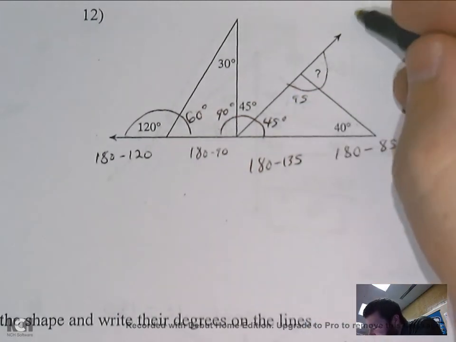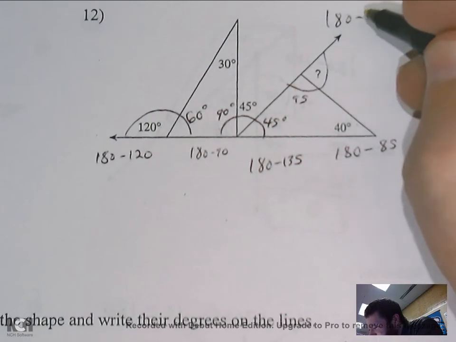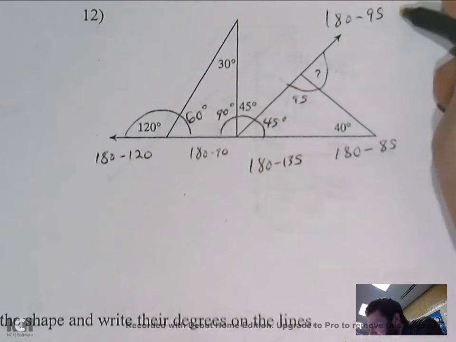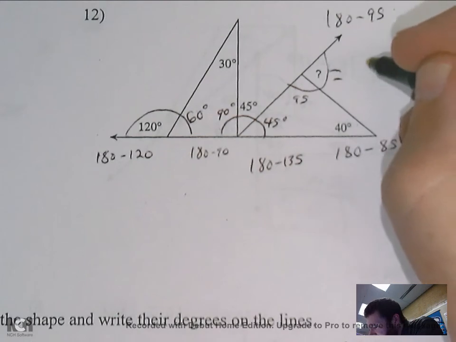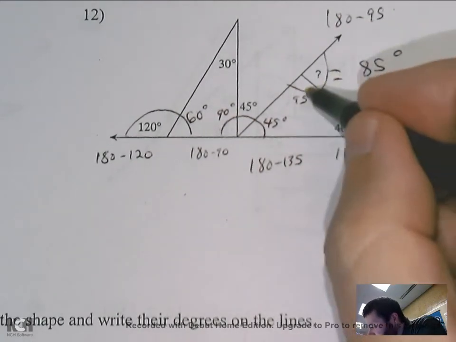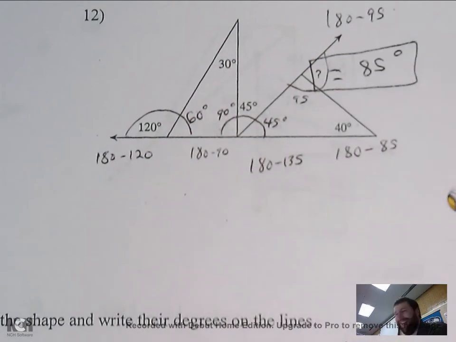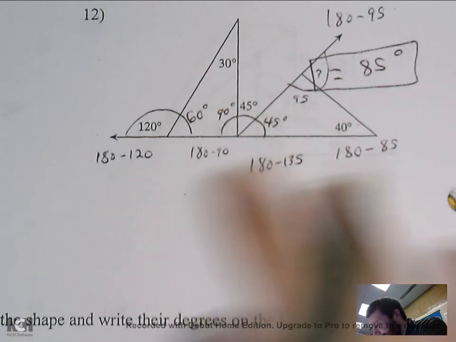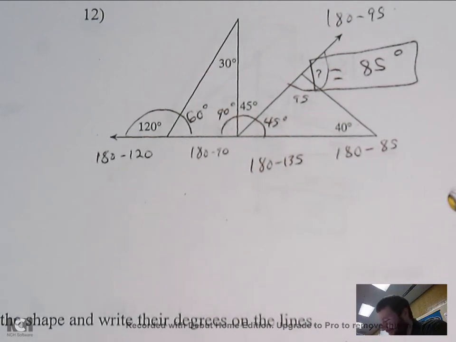And then the last one, 180 minus 95 is 85 degrees. Okay? And that would be your answer. They all ended up being supplementary, or the inside angles of triangles. So the whole pattern was just taking away from 180.